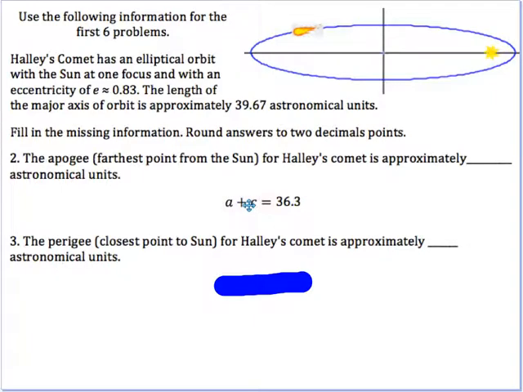So it's just A plus C. And then the perigee, the closest point to the sun for Halley's Comet, is approximately how far? If you do all your calculations, you'll get 3.37 astronomical units. To get this, you want to have A, which is this huge distance here, minus your C value here. And that's how you got that.